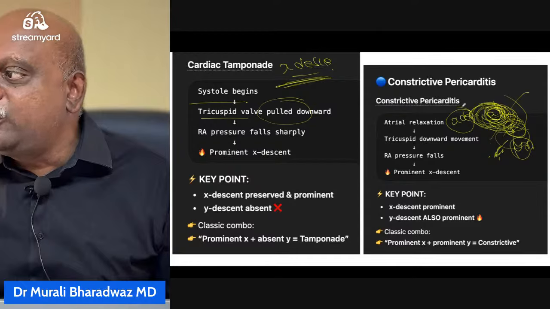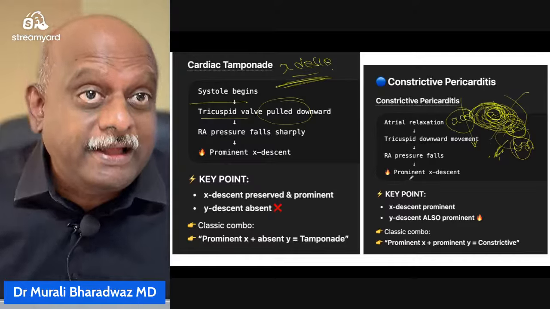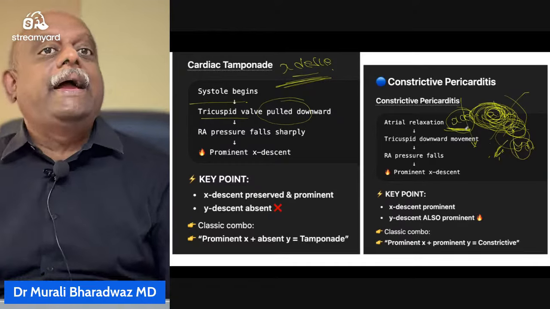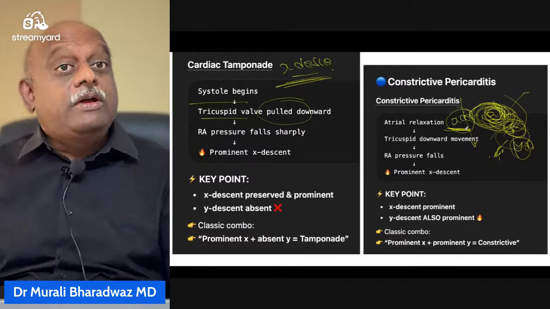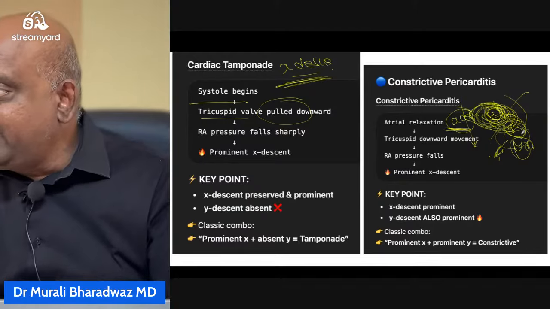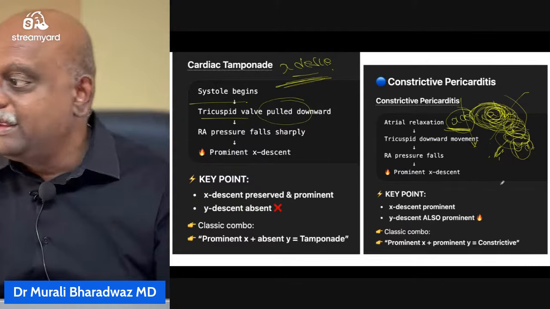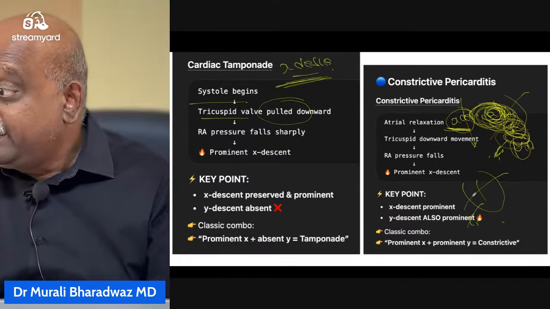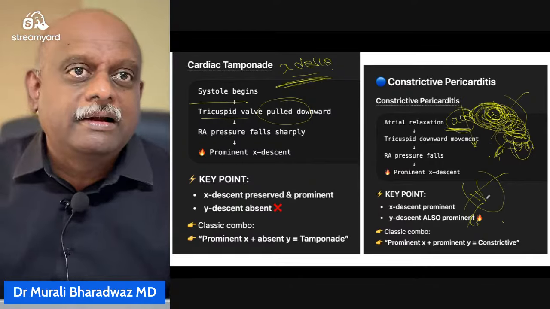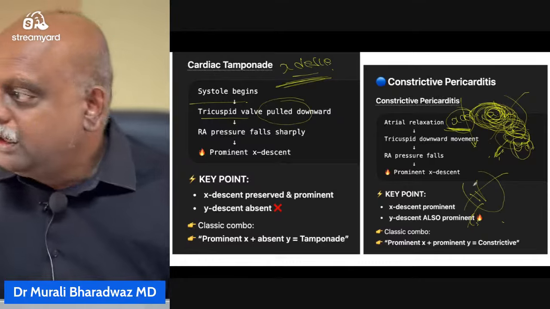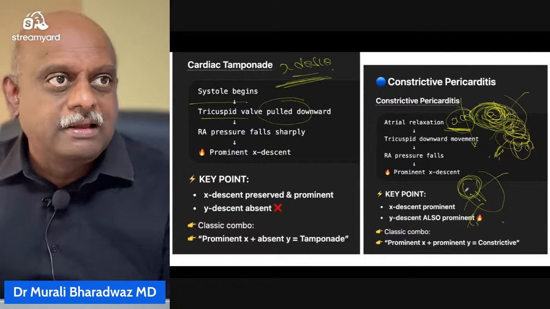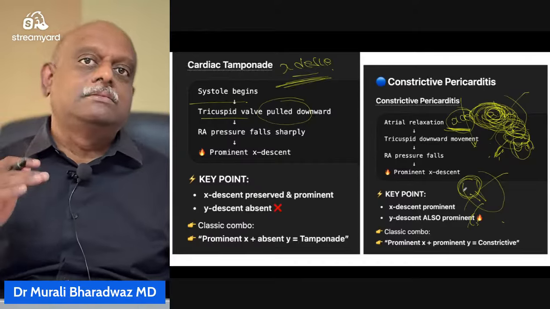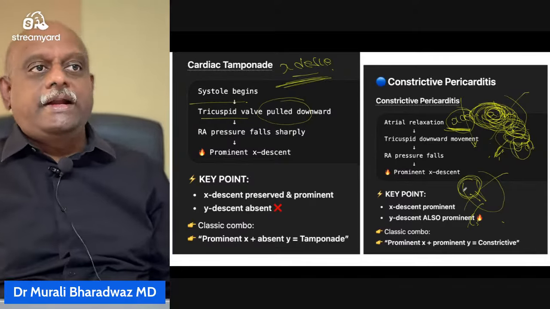And that leads to a fall of the pressure in the atrium, which is responsible for the X descent. There is one more reason. When the ventricle is undergoing systole, it will pull down the tricuspid AV valve. That will increase the size of the chamber, which also will decrease the right atrial pressure.